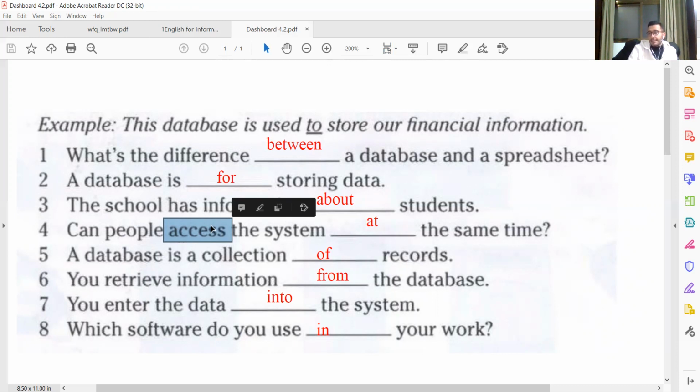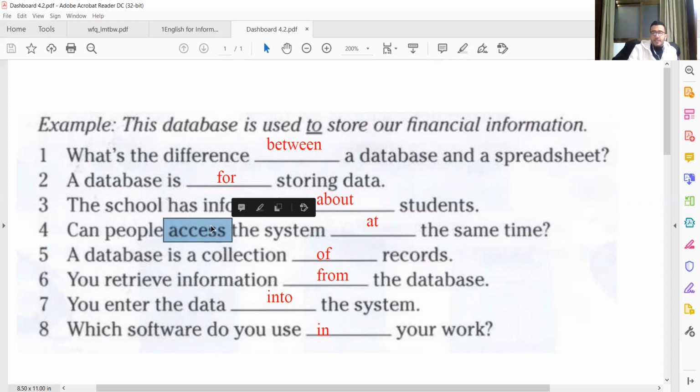But if we said access, see the difference, it becomes a verb, meaning to reach. So can people access the system at the same time?